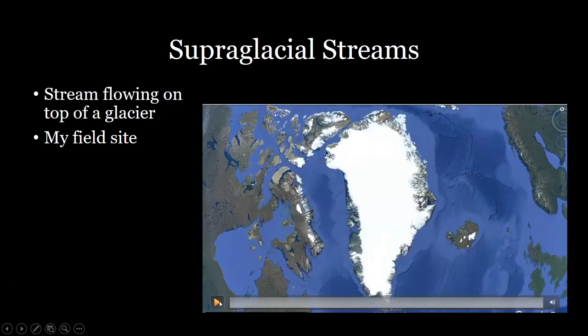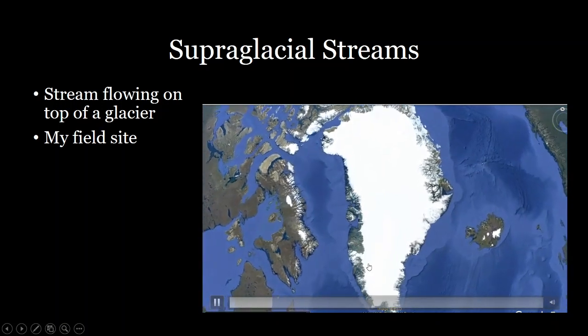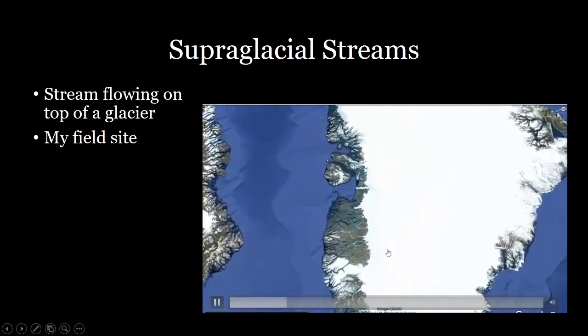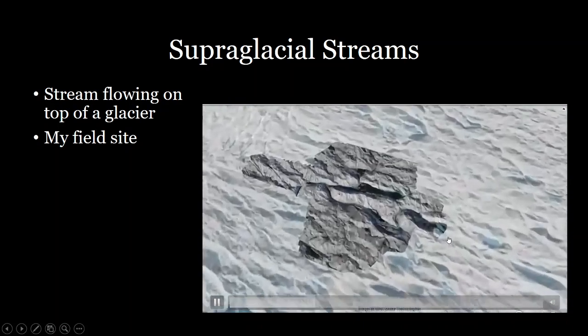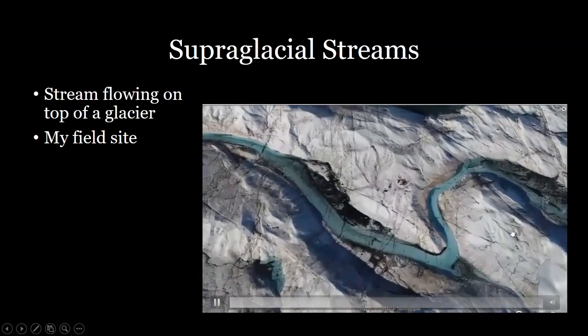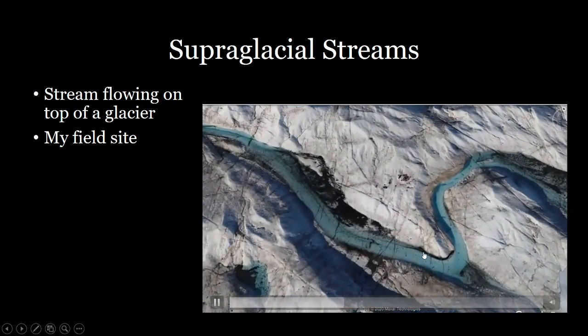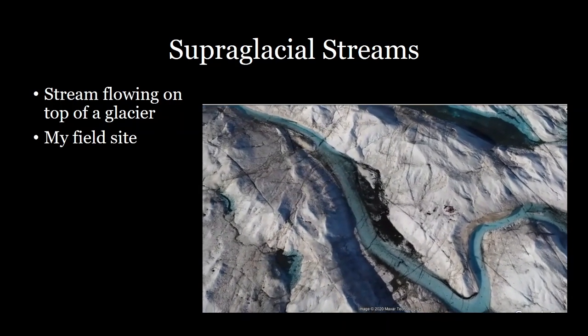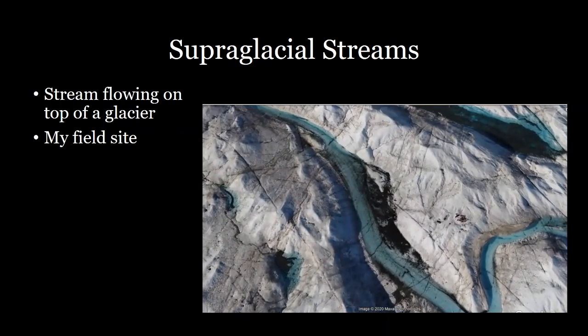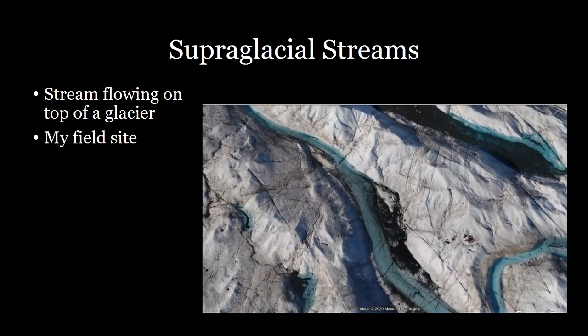And so here you can see a Google Earth map showing where specifically our site is. So it's in southwest Greenland, right at the ice edge. And this is our stream that we measure here. And so you can see here that the stream is flowing just like a normal stream that you might experience on land.